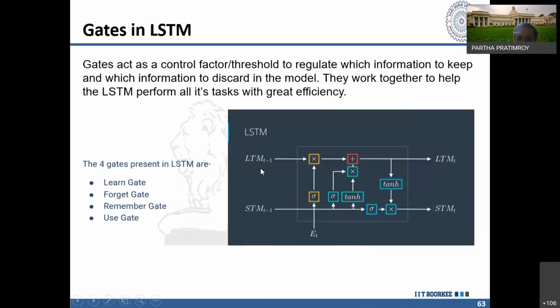You have the long-term memory and the short-term memory, which are 2 blocks. X is the input, and then E is the previous information.